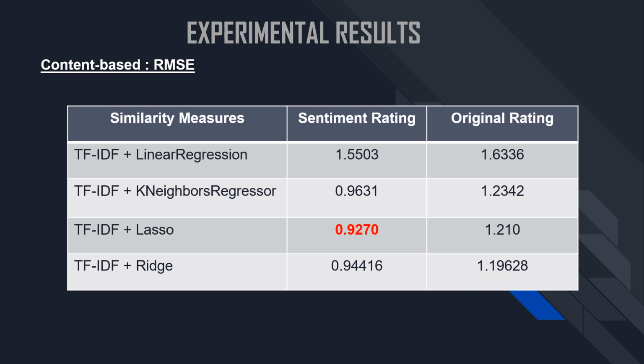The table presents the corresponding RMSE scores for sentiment and original rating. Remarkably, the TF-IDF with lasso combination exhibits the most favorable performance in predicting sentiment rating, achieving a lower RMSE of 0.9217.